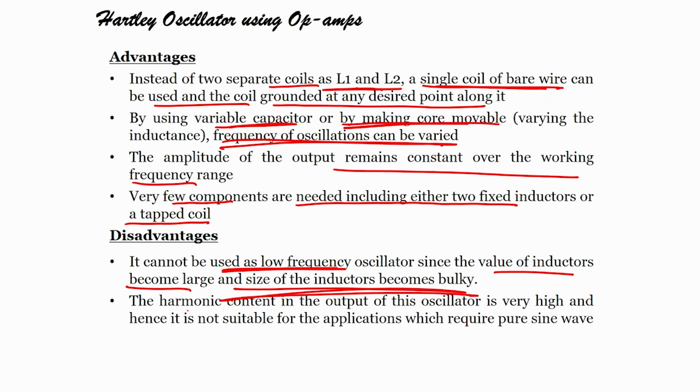The harmonic content in the output of this oscillator is very high, hence it is not suitable for applications which require a pure sine wave. So, the harmonic component in the output signal would be so high that we cannot use it where a very pure sine wave is required. That is another drawback of the Hartley oscillator.